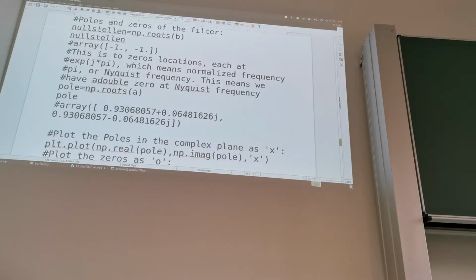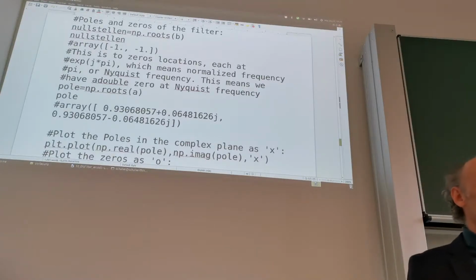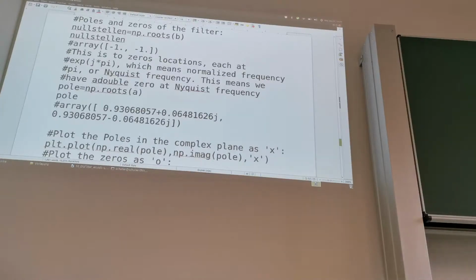Yeah, so this actually means that we probably have a low-pass filter, because the low-pass filter should have no output or as little output as possible at the highest frequency. So basically here we have a double zero.